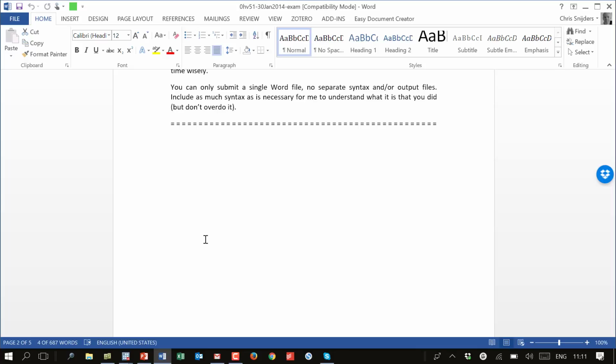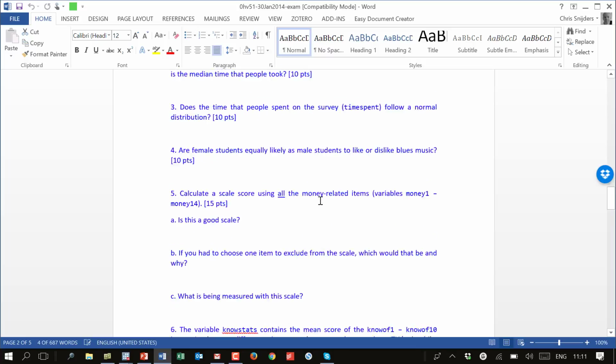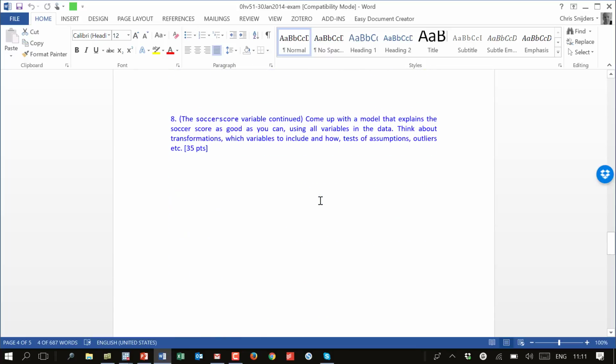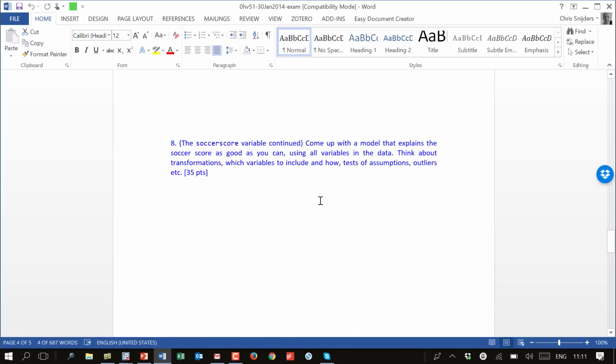And that is also dependent on, let me show you the final question here. So this one is the last question in this exam. Come up with a model that explains the target variable as good as you can using all variables in the data. Yeah, and there you can take the whole afternoon. That's not a good idea, by the way. And it's not that obvious when to stop.